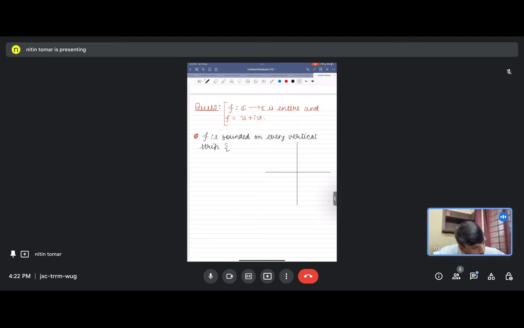Something of this sort, where you fix some a and some b. This is my a and that is my b, and in between means in this domain here.